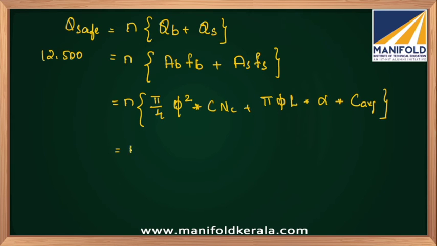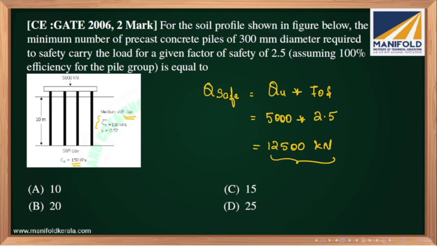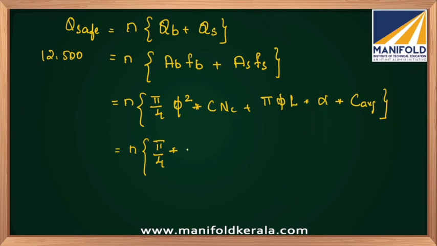The diameter of the pile was given as 300 mm, so 0.3 squared into the cohesion of the soil at the base of the pile, which was 150. Be careful, you will be failing at this level.